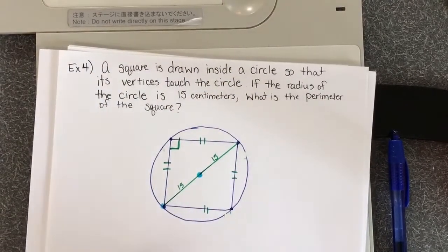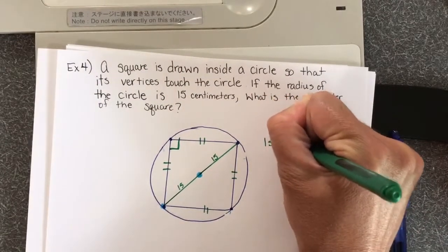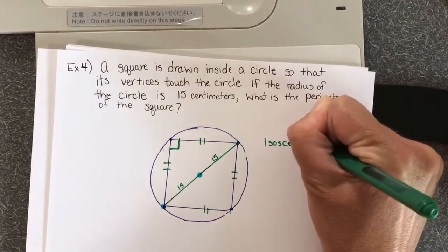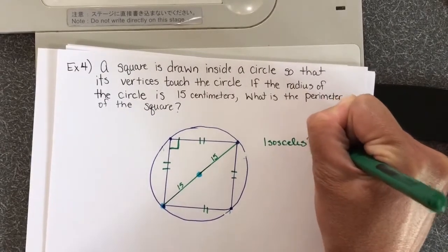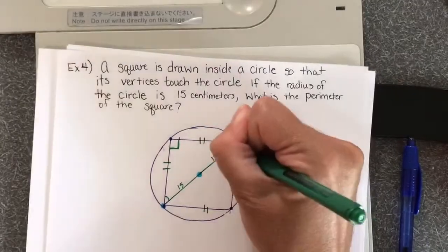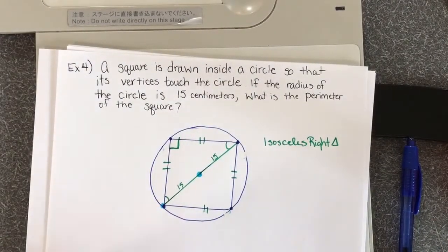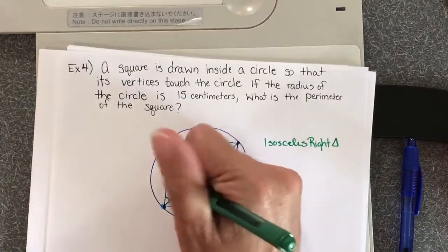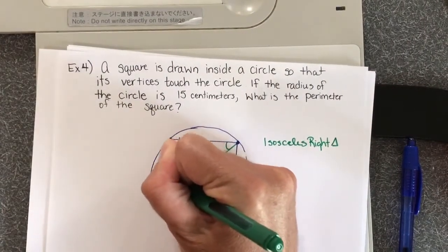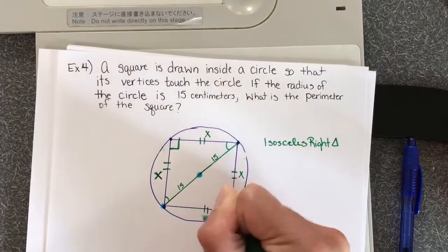So hey, what do you know? I have an isosceles right triangle with my 45, 45, 90 angles. So I need to figure out what this segment length is. And it's going to be the same length across the board.